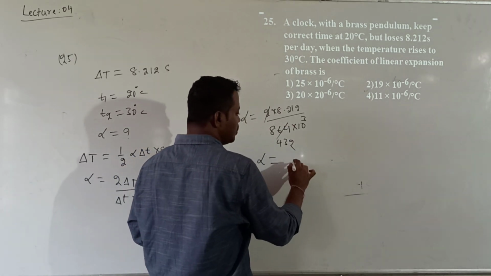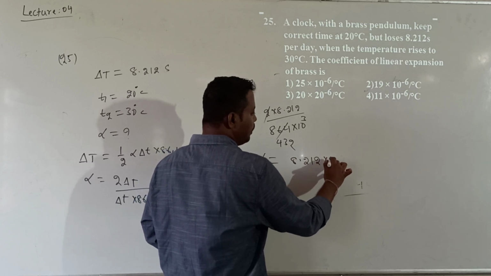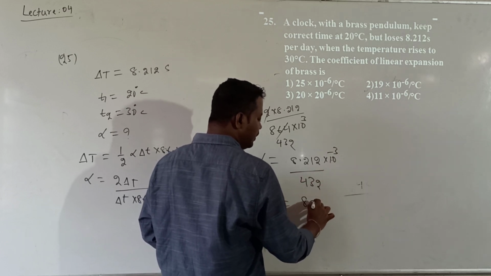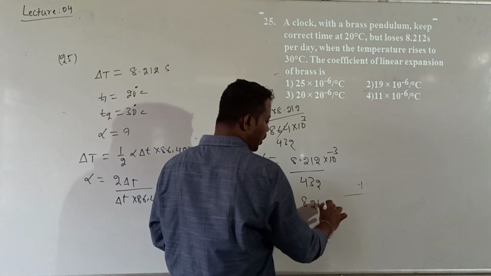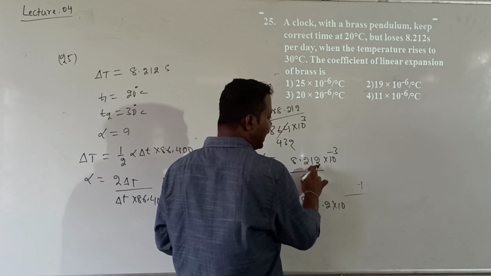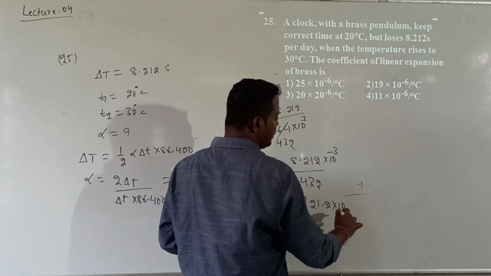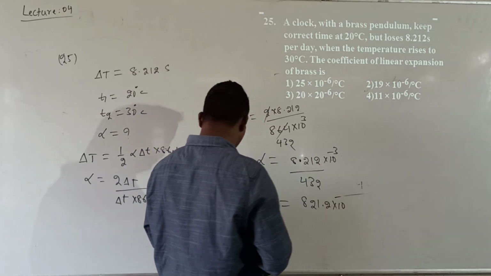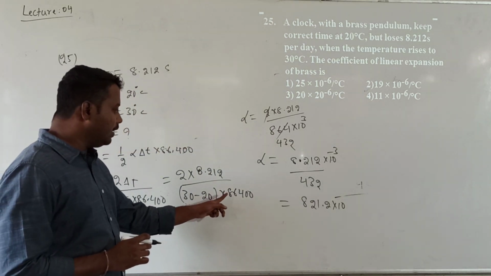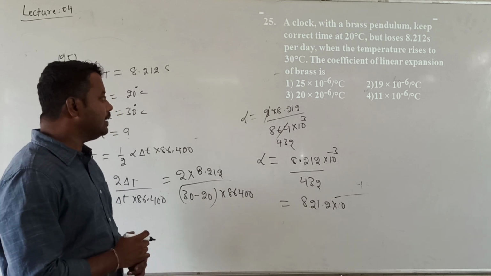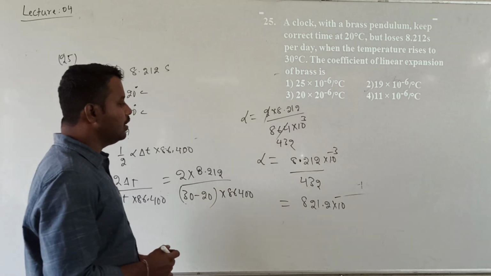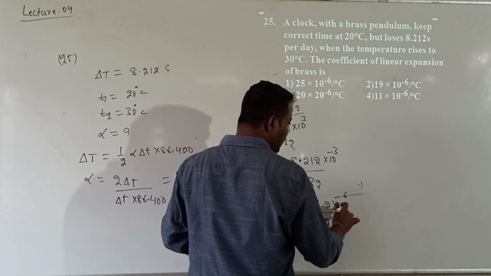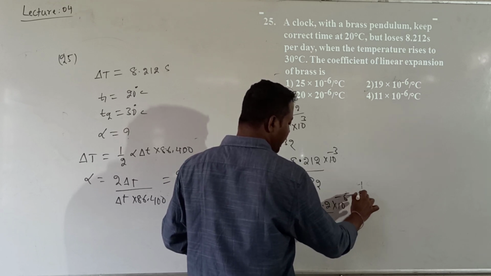Otherwise I will write it as 8.212 into 10 power minus 3 divided by 432. 821.2 by moving the decimal to the right. 30 minus 20 is 10. 86,400 I wrote as 864 into 10 power 2. So 10 power minus 6 divided by 432.